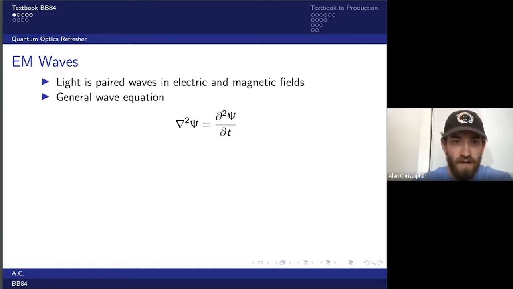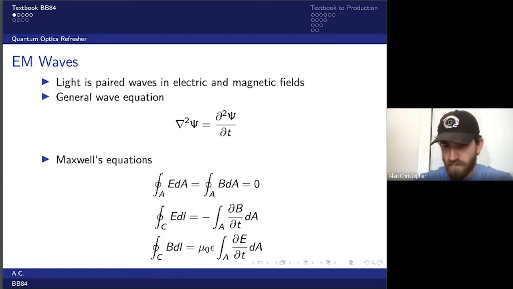Being waves, they satisfy the general wave equation, which tells us that the Laplacian of your waveform is equal to the second time derivative of your waveform. Put another way, the sum of your second spatial derivatives will equal your second time derivative, possibly up to a constant factor. I've omitted that here because you can usually take care of that with appropriate unit selection.